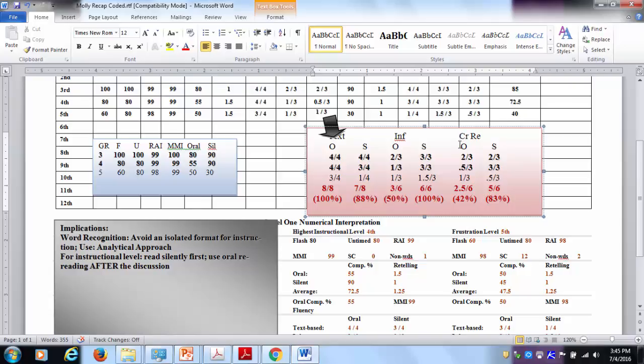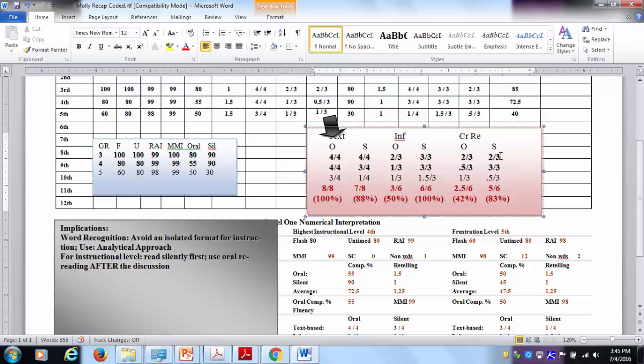Following oral reading, Molly was successful with 2.5 of 6, or a percentage of 42. Again, that teacher in the daily work wouldn't have found this out because she primarily used text-based questions.